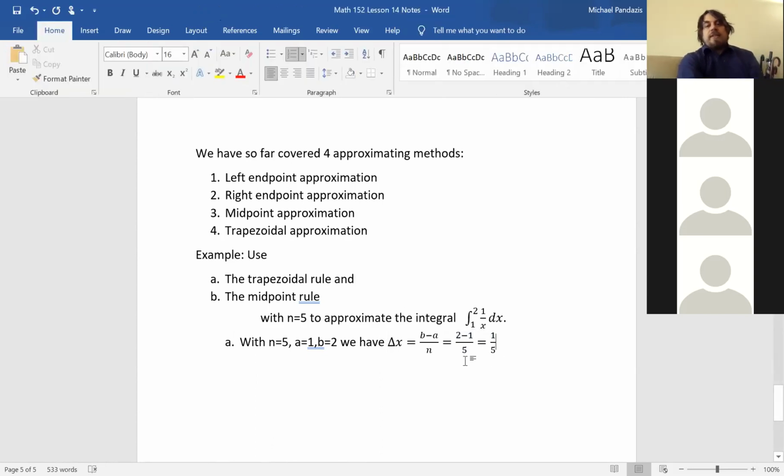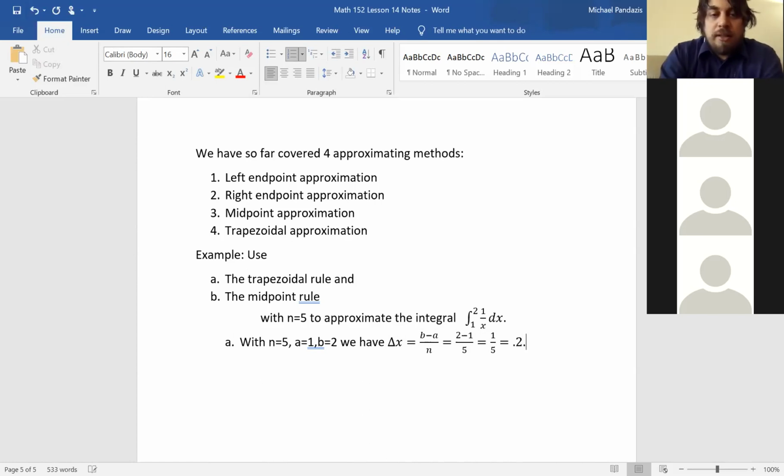I'm just plugging in: a is the lower limit, b is the upper limit, and n is given to you, the number of rectangles. So delta x is 1/5, which as a decimal is 0.2.